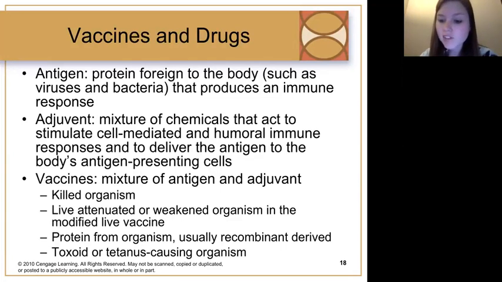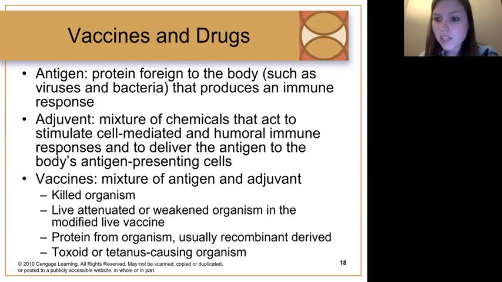So vaccines are basically just a mixture of the antigen, what is going to trigger an immune response, and this adjuvant, a mixture of chemicals, so that the antigen gets to the immune cells and produces a response. Sometimes this could be a killed organism.